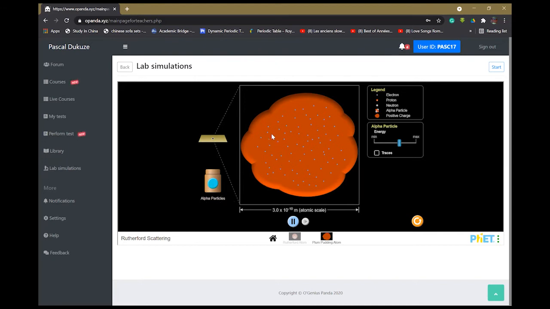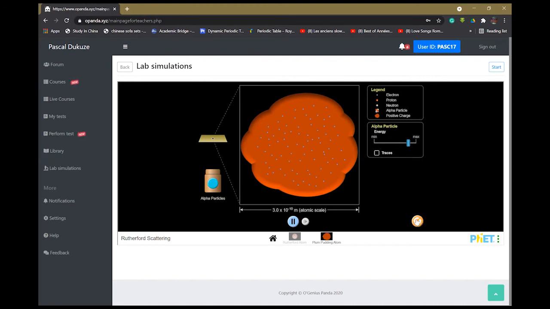Here we also have a body representing the atom under the Plum Pudding model proposed by J. J. Thomson. Here you can adjust the speed of the alpha particles. You can also show the traces of the alpha particles while they are moving; we will see how it looks.